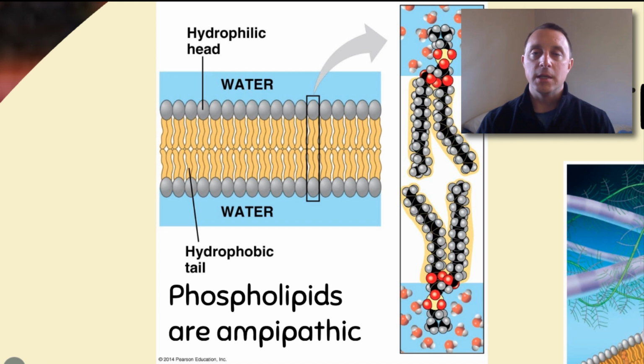So because this molecule has these two very different properties, and we call that an amphipathic molecule, when we mix phospholipids with water, they will spontaneously form this bilayer structure, okay, with two layers of phospholipids with the heads facing out towards the water and the tails sandwiched in between with all of the water removed, because remember, the tails, being hydrophobic, do not want to associate with water.